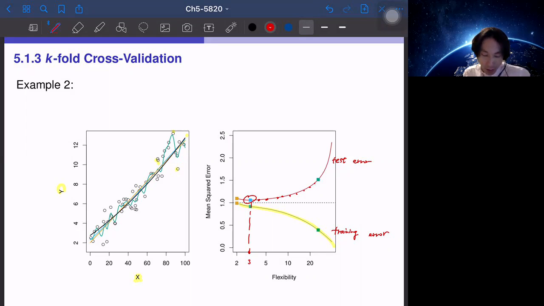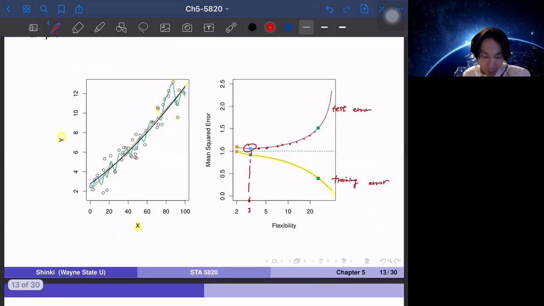Okay, so anyway, the blue one is the best. So there is some optimal location, an optimal flexibility, or number of parameters, or model complexity. If the model is too complex, it's not good, but if it's too simple, it also cannot represent the truth.